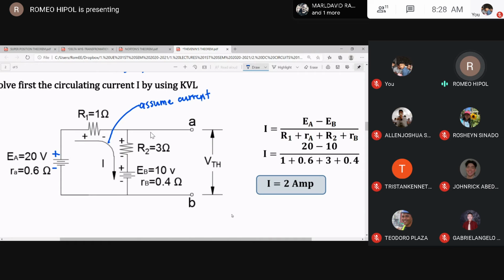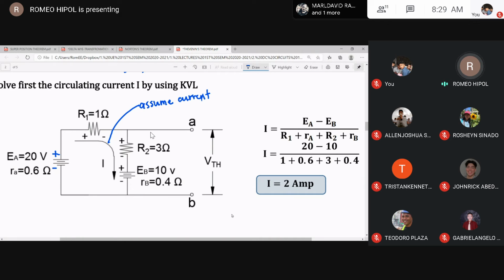So, nag-assume tayo based from the larger value of E sub A. So, 20 volts versus 10 volts. So, syempre, mas mataas or mas malaki yung pressure from 20 volts. So, nag-assume tayo na yung current will flow with respect to or in favor of the 20 volt voltage source.